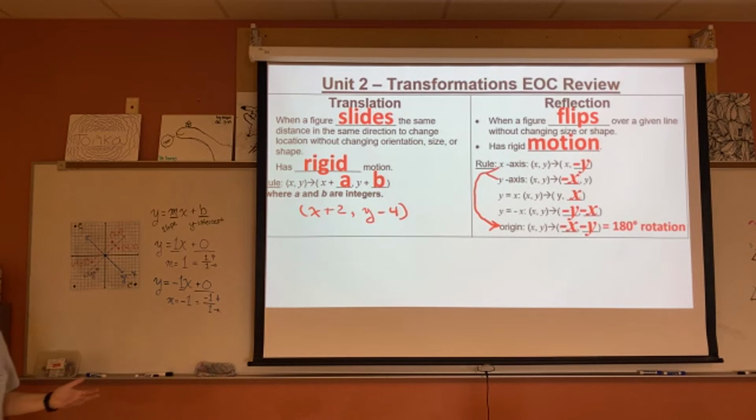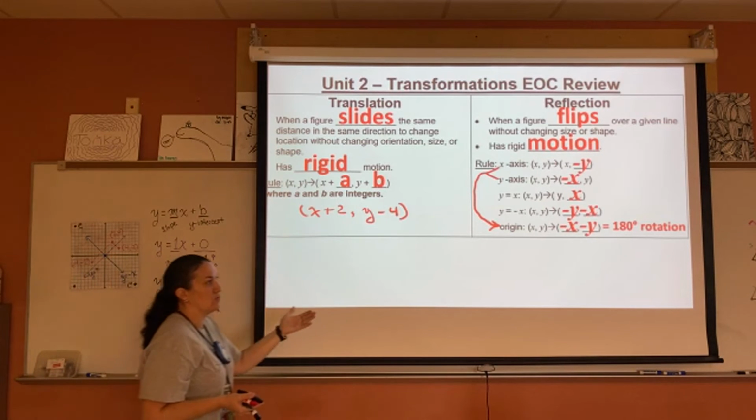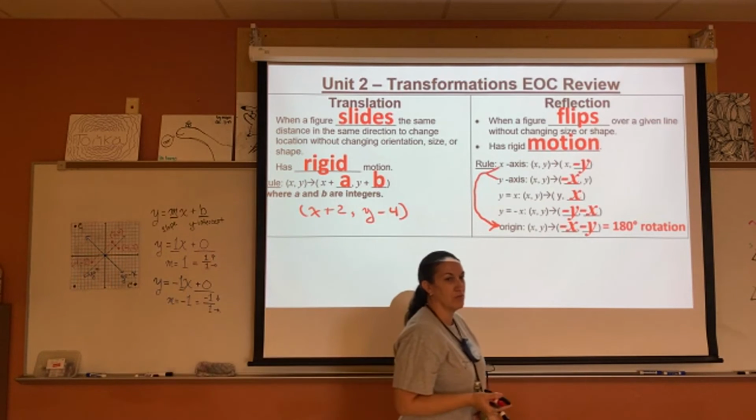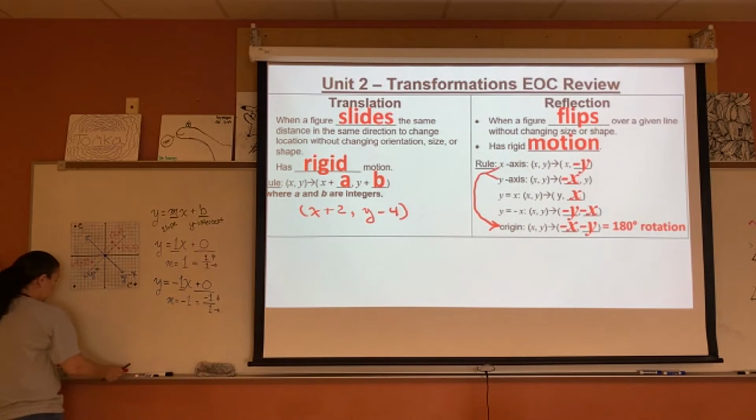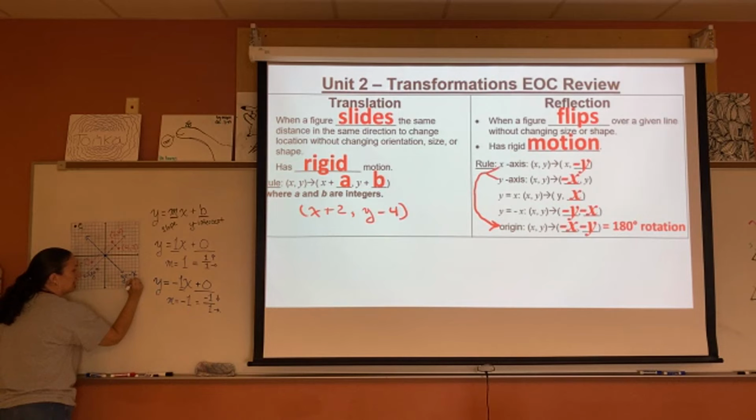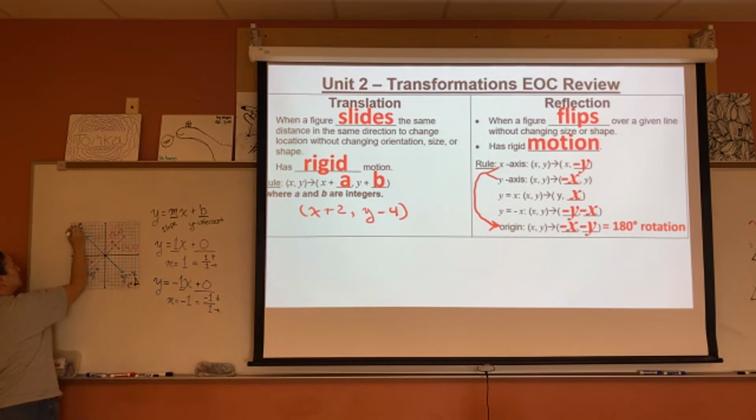So why is it important to know that an origin reflection and a 180-degree rotation are equal? So glad you asked. Sometimes they like to ask questions on the test, the EOC or the unit test, where it says, how can this figure map to this figure, select all that apply.